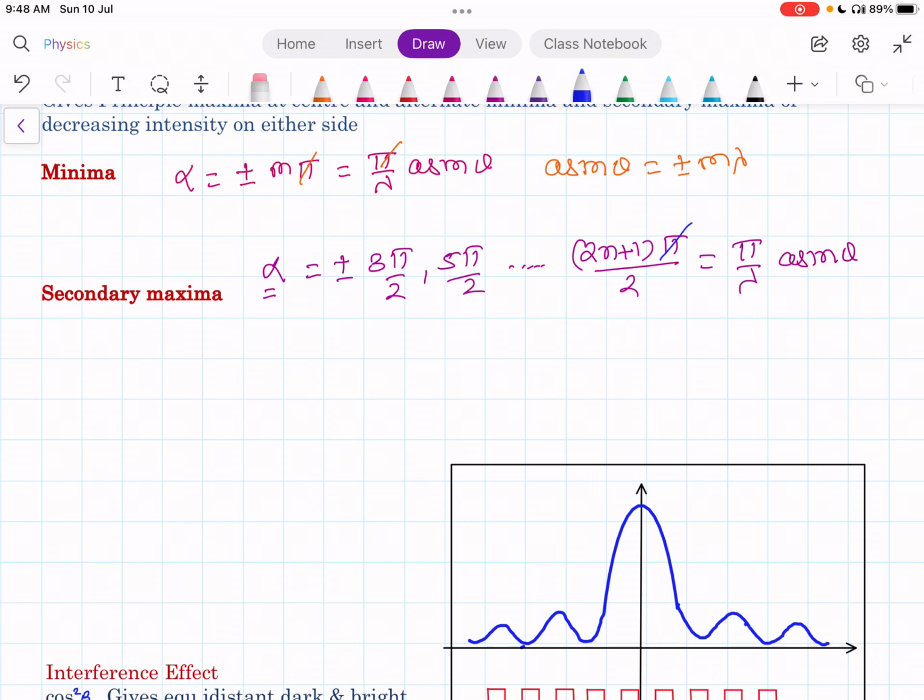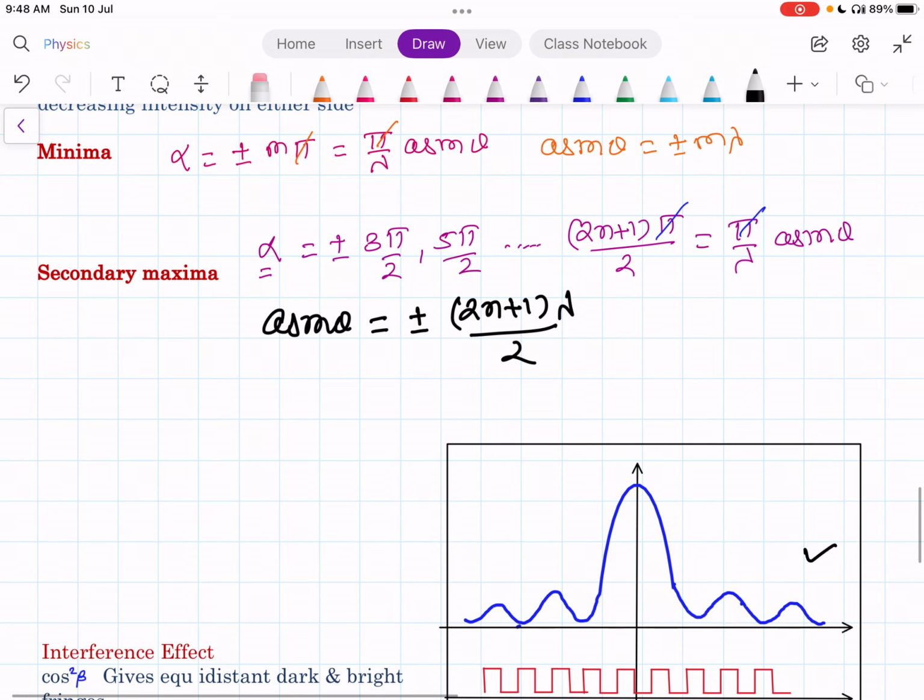In this case, this pi cancels with this, and what we get is a sine theta is equal to plus minus 2n plus 1 lambda by 2. So this is the condition for secondary maxima. In the first graph, we get alternate minima and secondary maxima on either side of the principal maxima. So that is the diffraction effect.